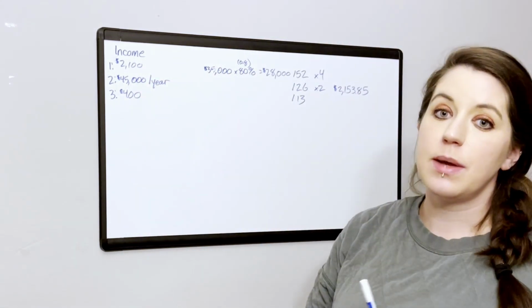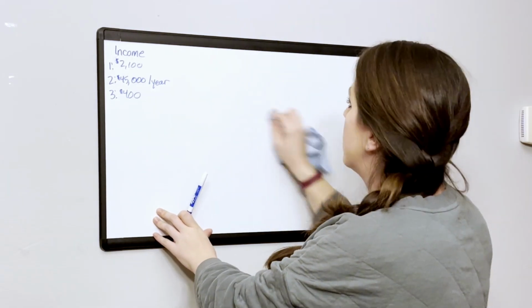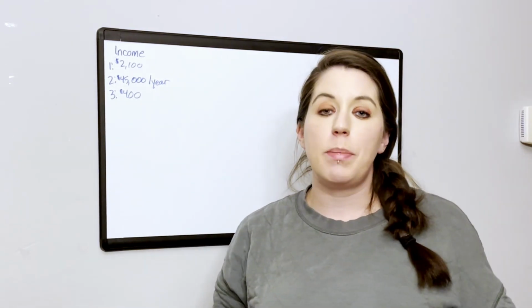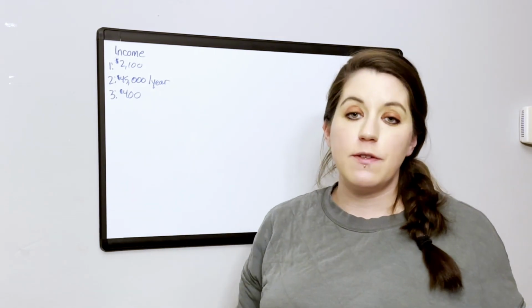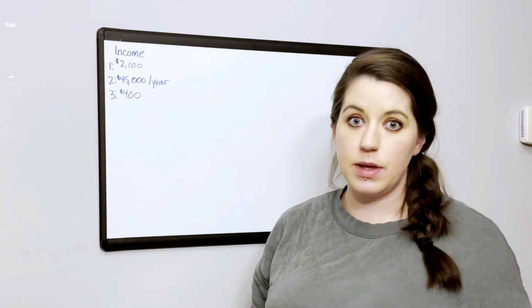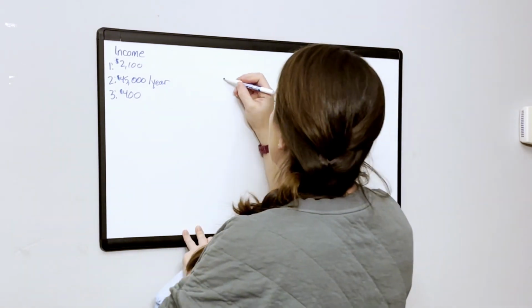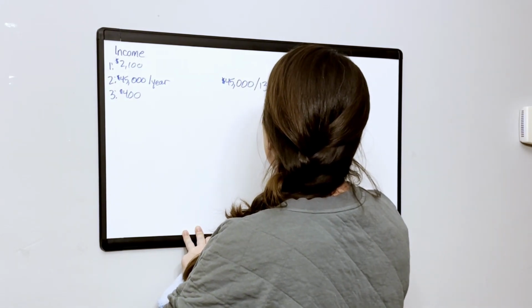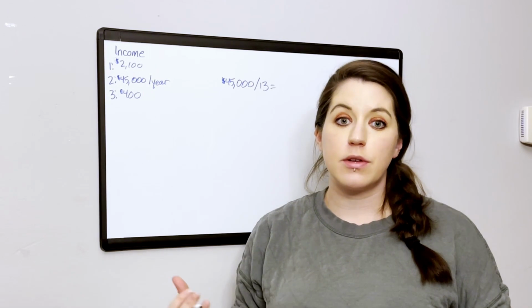So now we're going to do the same thing with the $45,000. However, we're just going to do it backwards. So what we're going to do is take the $45,000 a year, figure out the 4-week monthly amount, and then take the taxes and deductions off. So I am just going to go straight to the chase, and I'm going to divide it by 13.